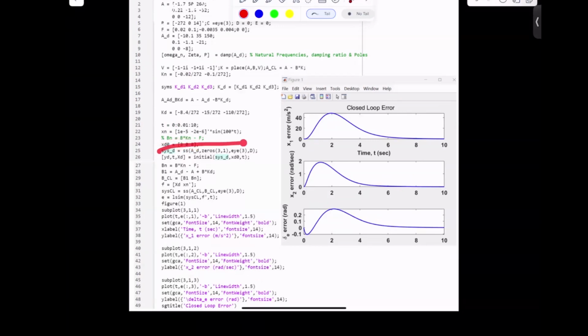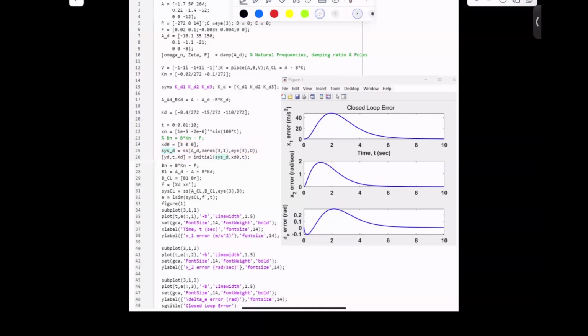Now we can find the desired system dynamics using these parameters: AD, zeros, I, and D. The desired dynamics is given to us, so no problem.